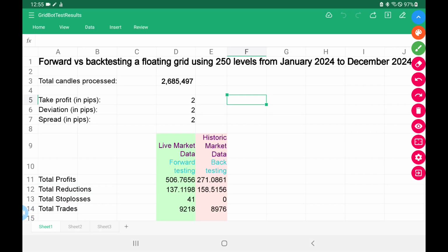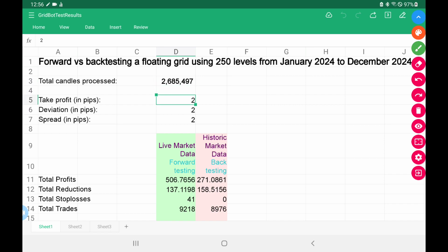Now that we are in our spreadsheet, we are going to go through and actually look at the differences between a live trading market data set and a historic market data set. For the purposes of this case, we processed 2,685,000 candles for both live and historic, ranging from January of 2024 until today.